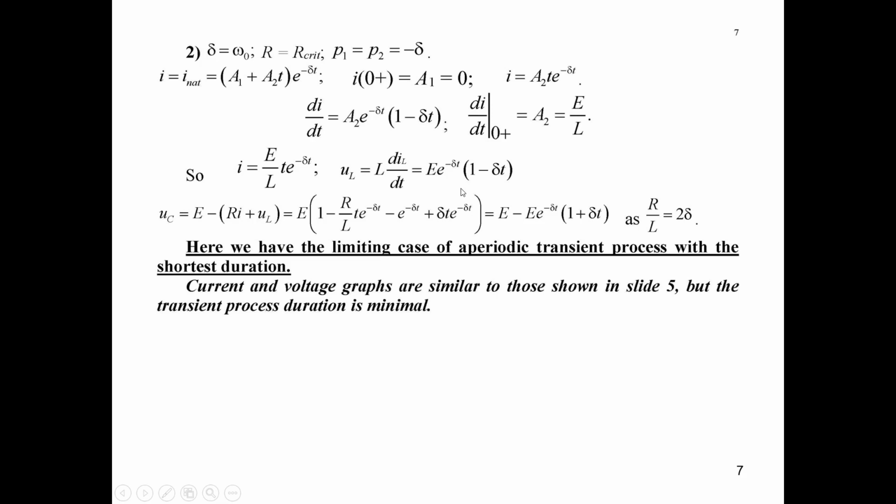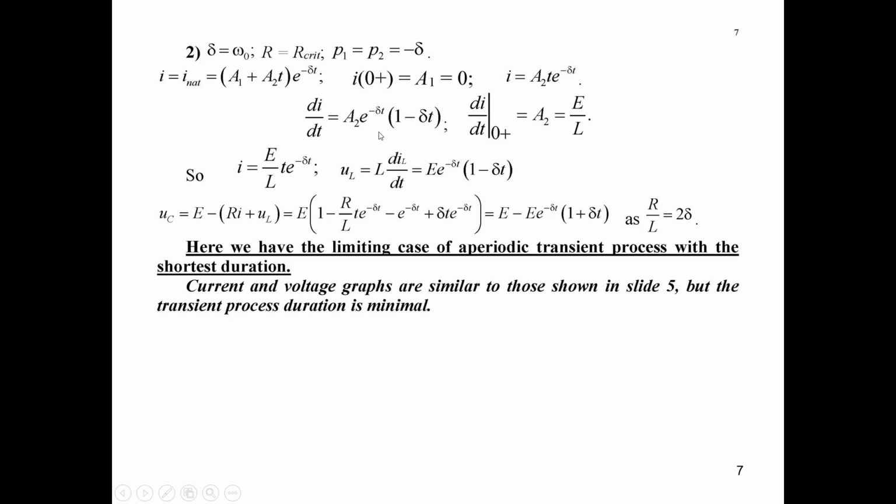Okay, when we determine this derivative at t equal to 0, we should equate it to E over L, because at t equal to 0 it should be equal to this value.